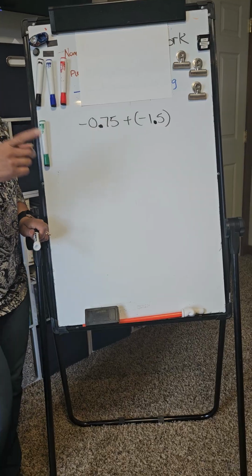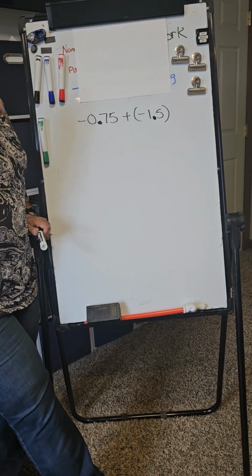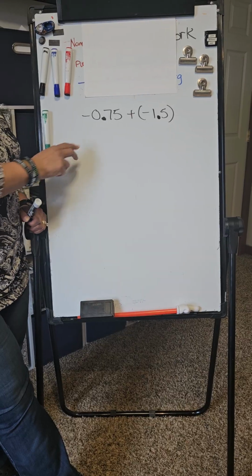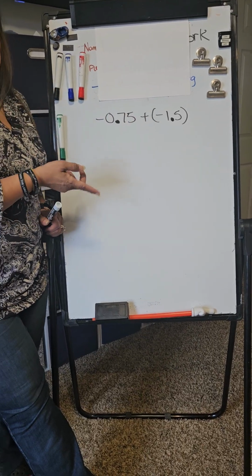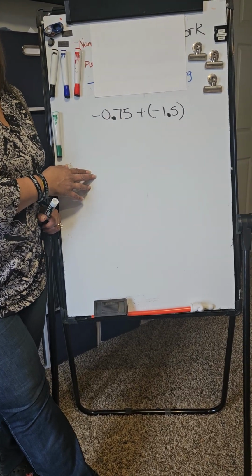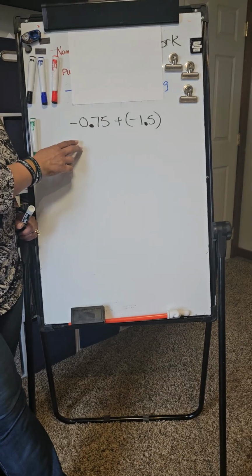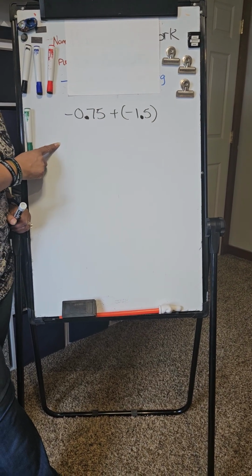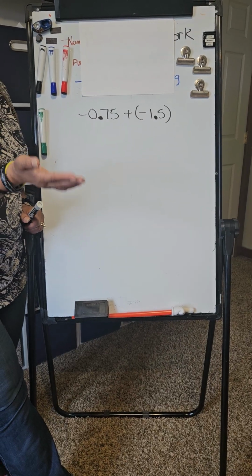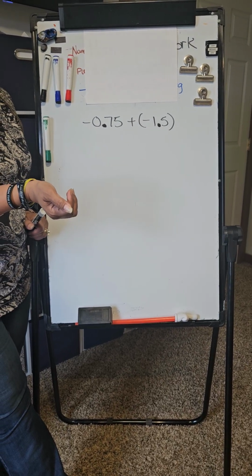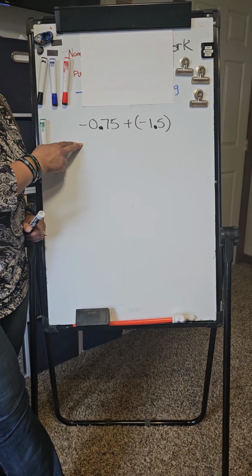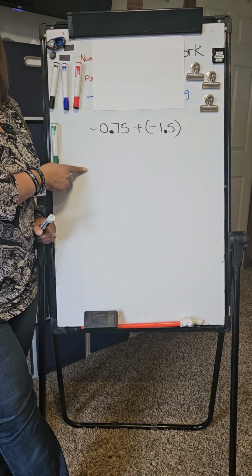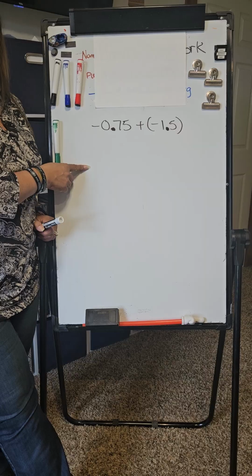Rule number 1 says that if I'm adding or subtracting two positive numbers, then obviously the answer is a positive number. But when I'm adding or subtracting two negative numbers, the answer will also be a negative.